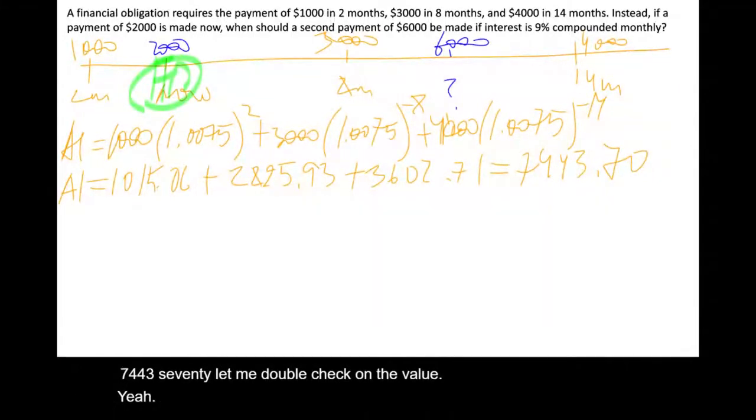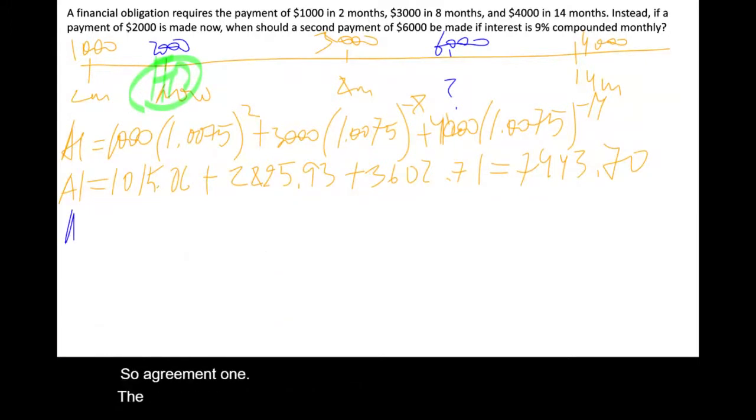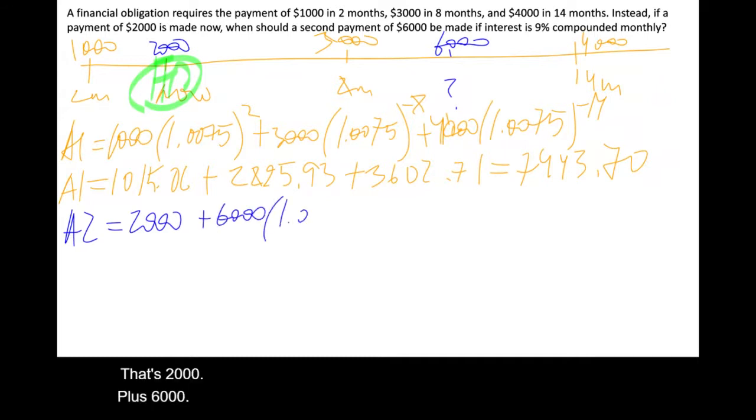Yeah. So agreement 1, now agreement 2, that's 2,000 plus 6,000, 1.0075 to the minus n.